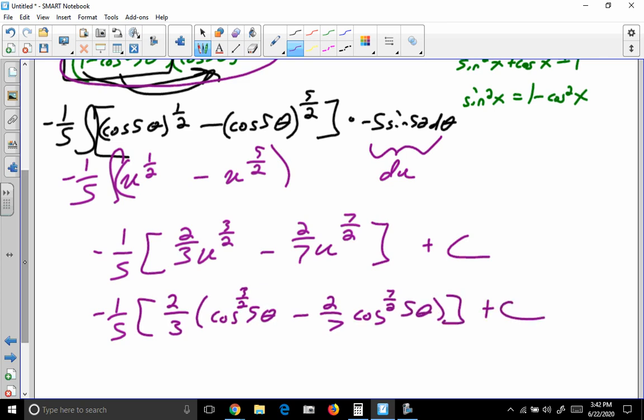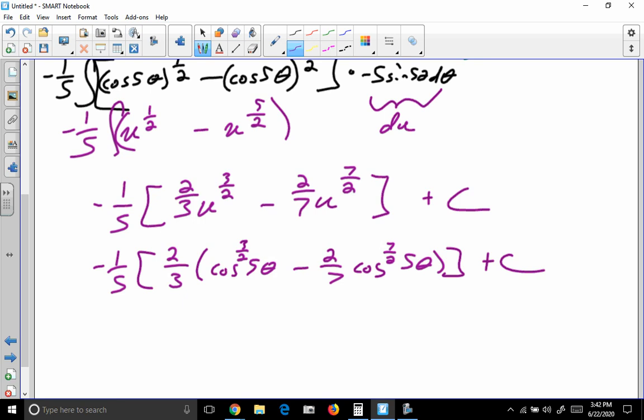And then we can distribute, make the parentheses go away. So let's be careful. 2/3 goes on that one, 2/7 goes there. So we distribute, we have -2/15 cosine 5 theta to the 3/2.